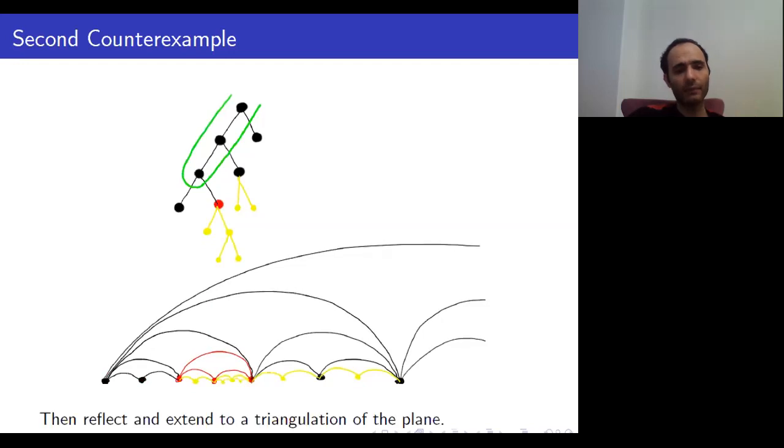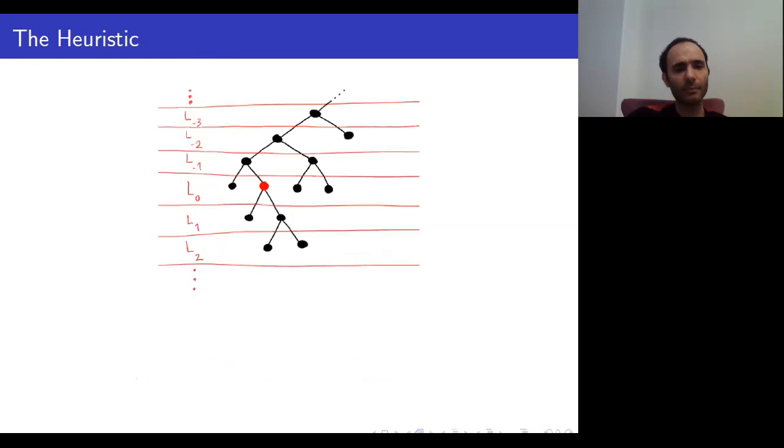And then, as before, reflect it and connect each vertex to its image and fill the squares to obtain a unimodular triangulation. The point of this structure is that there are infinitely many layers both above the root and below the root, and each layer is infinite, and more importantly, the layers are indistinguishable, which can be defined by some ergodicity.